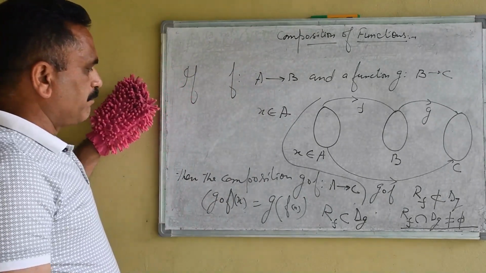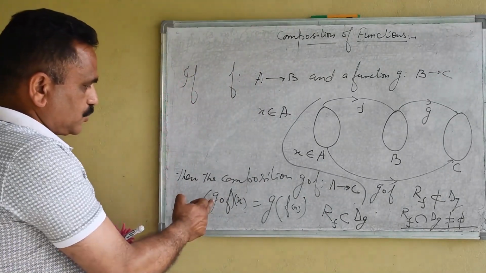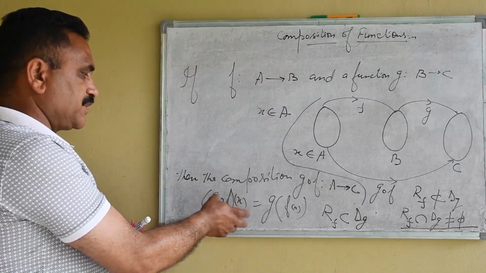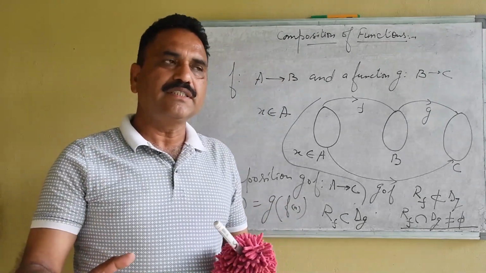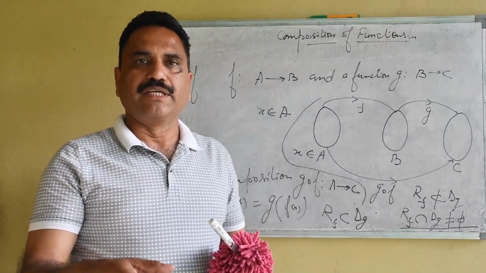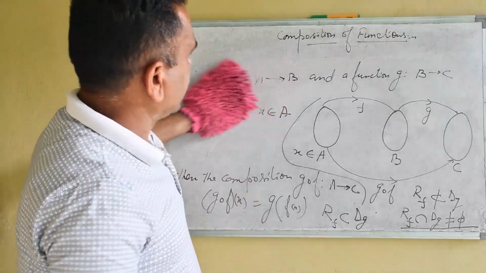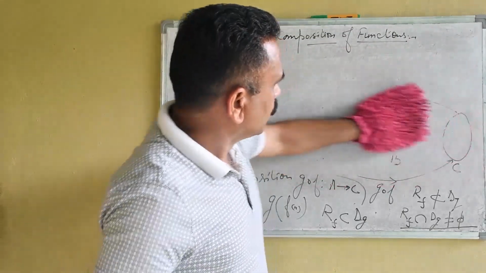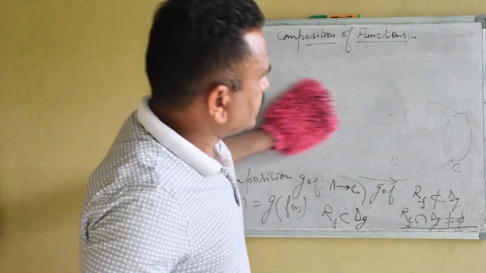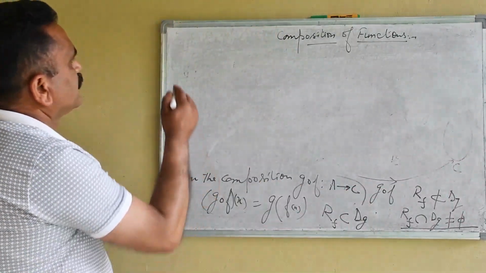We have seen in composition that for g of f of x, instead of the variable, we substitute the function in the place of the variable in the second function. We will take an example, then it will be more clear and easy for us.